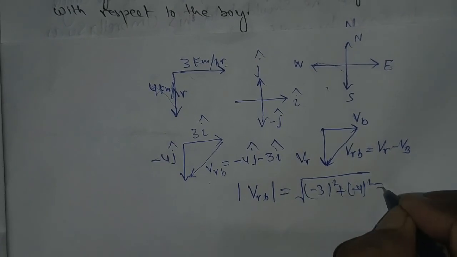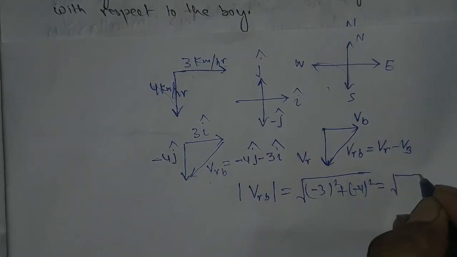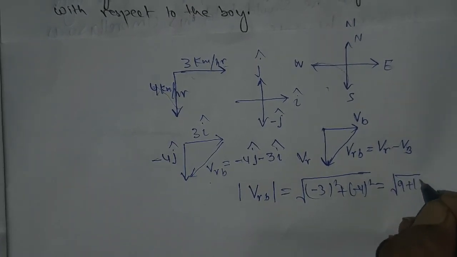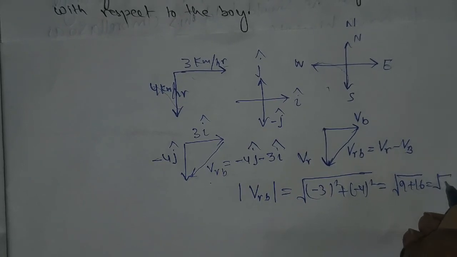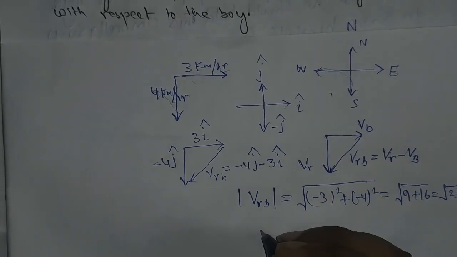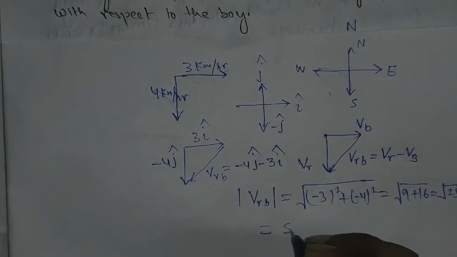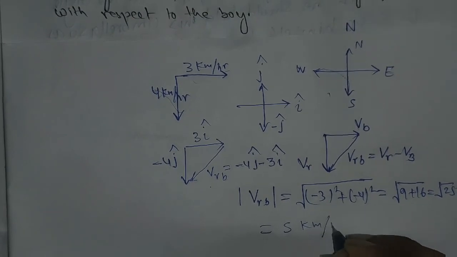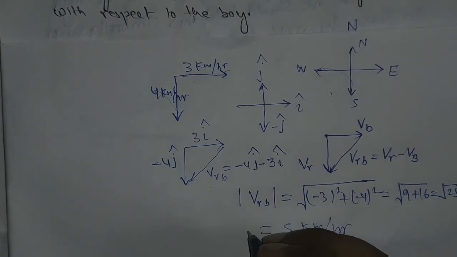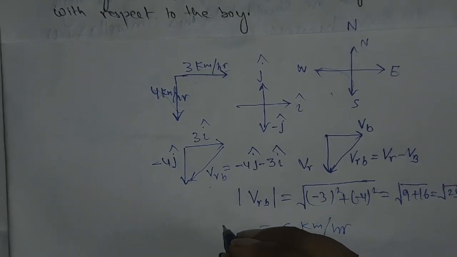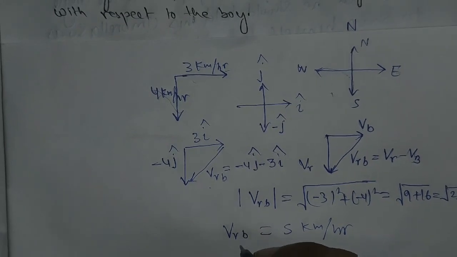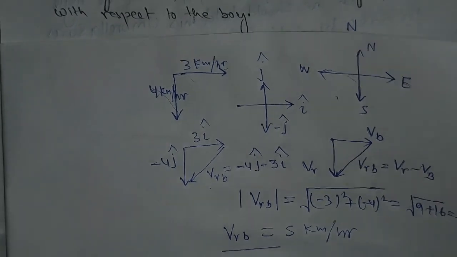So it will be nothing but 9 plus 16, that will be root 25, and here you will get 5 km per hour. So the velocity of rain with respect to the boy is 5 km per hour. We have solved this question.